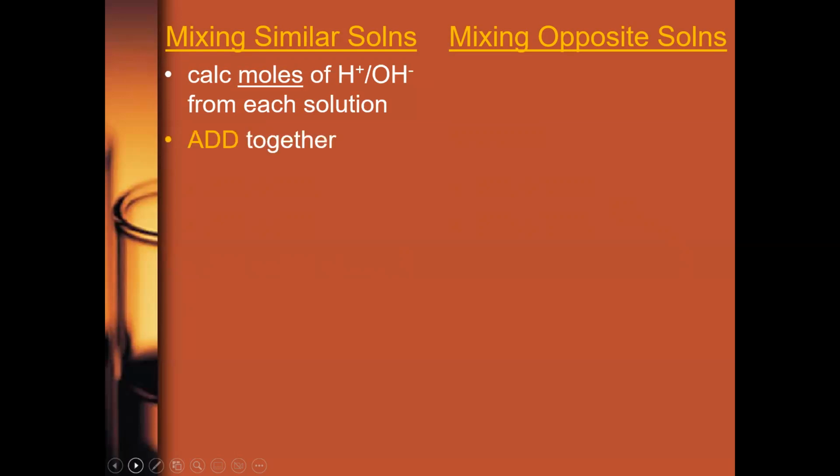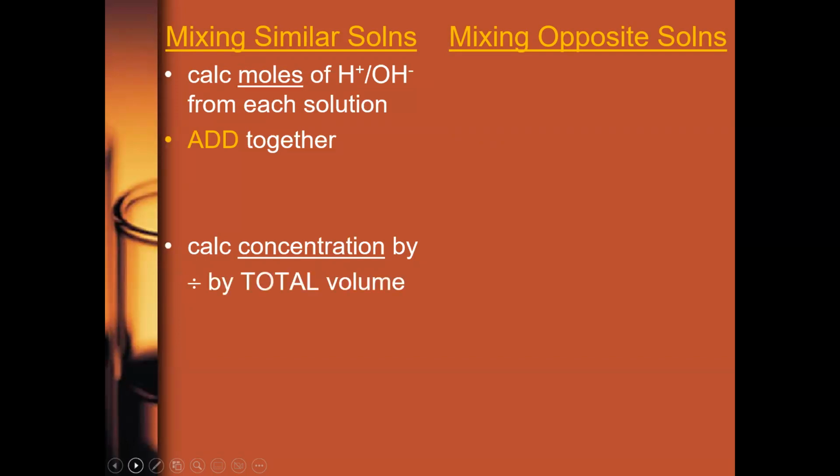And then we add them together because they can't cancel each other out. They just increase the amount of moles that we have. And then we have to calculate the new concentration by dividing by the total volume of the two solutions combined.